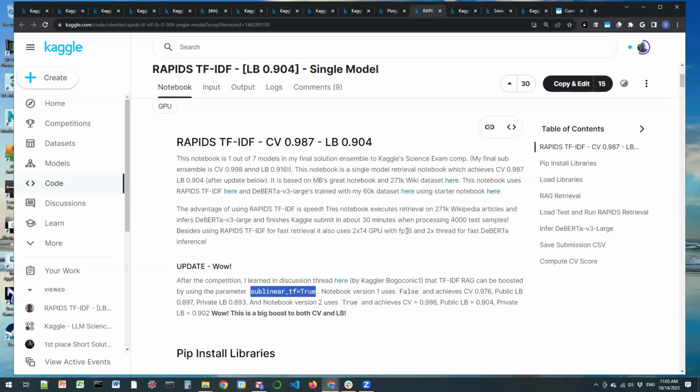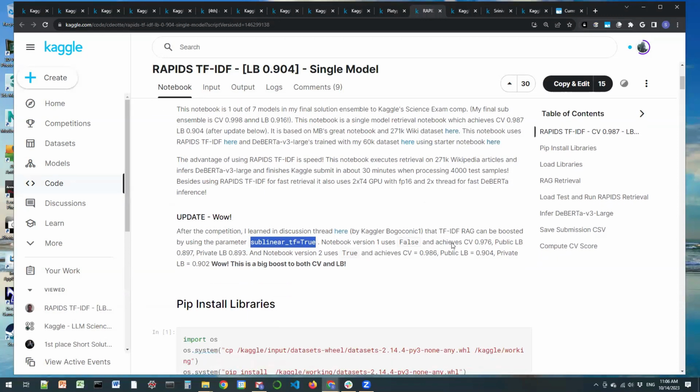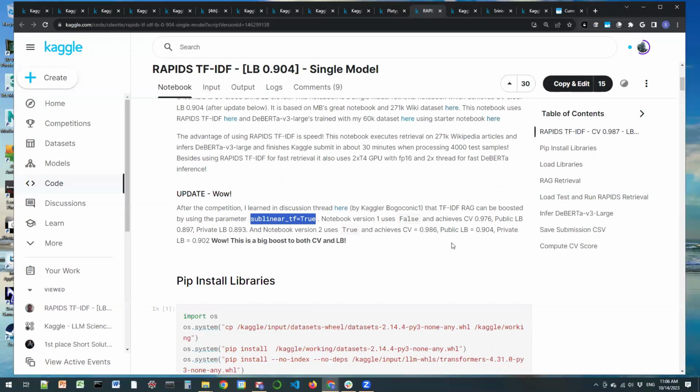Fascinating. Sublinear TF. IDF is just this word match thingy, right? Some kind of inverse data mapping. I used to know this and I can't remember. Sorry, it's a frequency match. Yeah, it's a frequency of how many times those words are used versus everywhere else.